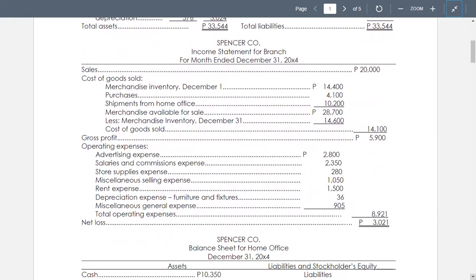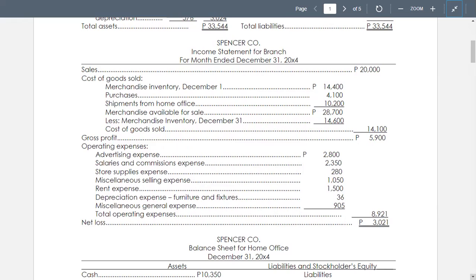So we now get the total merchandise available for sale. Then we deduct the ending inventory of 14,600. That's the ending inventory of the branch. So we now get the gross profit and deduct all the expenses.